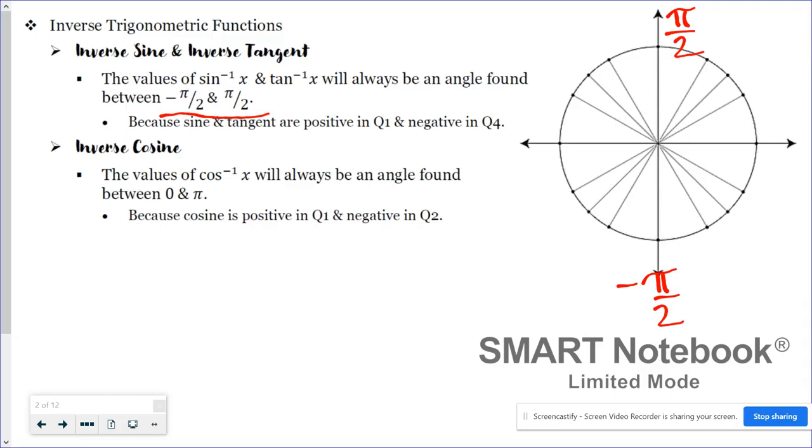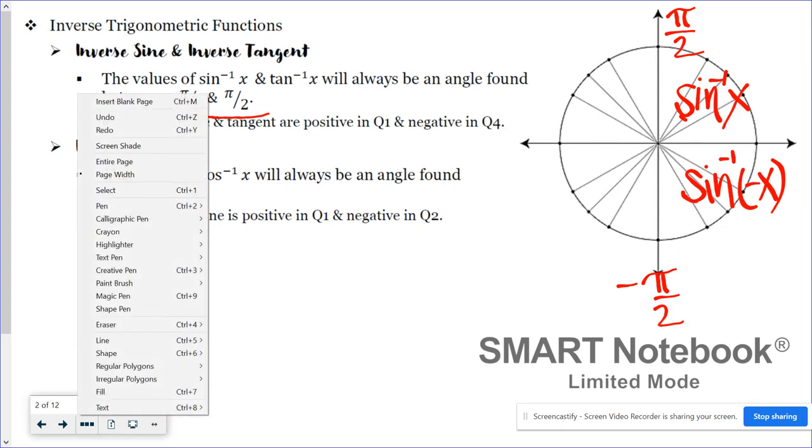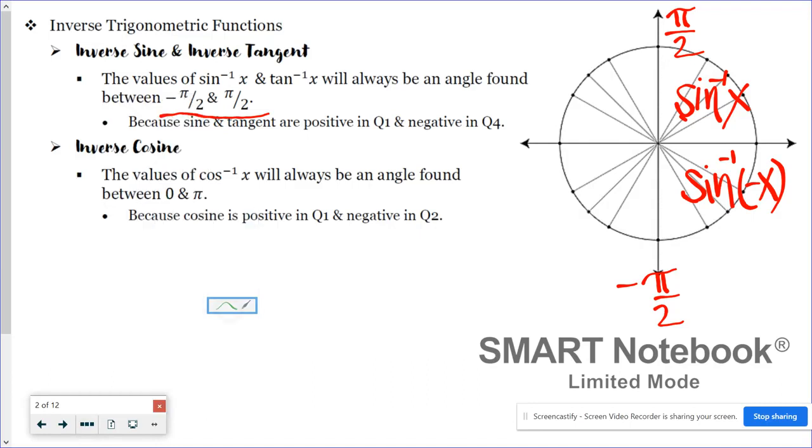If I'm finding the inverse sine of a negative exact value, then my calculator gives me that angle in quadrant 4. And if I'm calculating the inverse sine of a positive exact value, it's going to give me that angle in quadrant 1. It's going to do the same thing for tangent, okay?